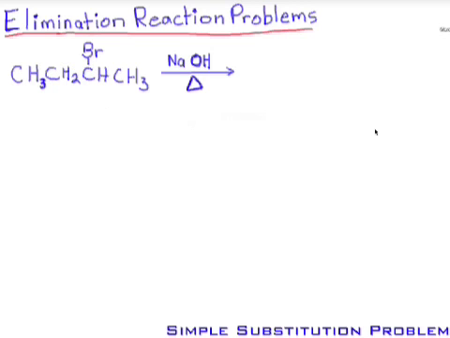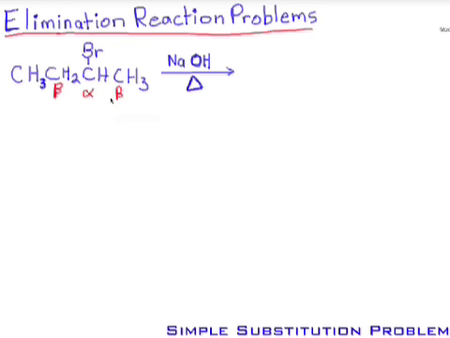Now, what I must look for are beta hydrogens. You see, the carbon bearing the bromine is referred to as the alpha carbon. Carbons attached to the alpha carbon are referred to as beta carbons. Beyond that, we have gamma and delta carbons.